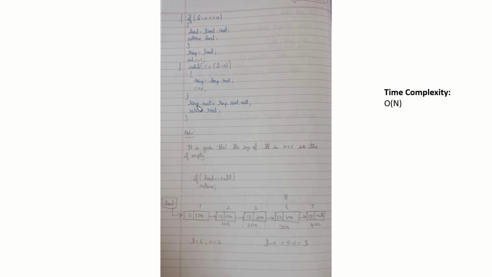So what we are going to be giving is temp dot next equal to temp dot next dot next. So this 200's next, that was 300, we are going to make it 400, so it's going to skip this node, and this node actually gets deleted. The time complexity for this is O of n.